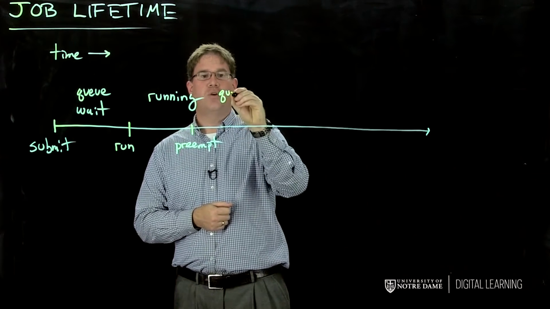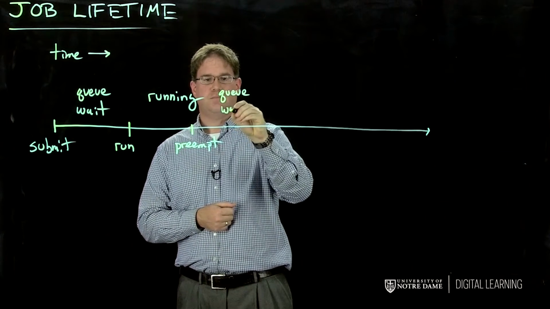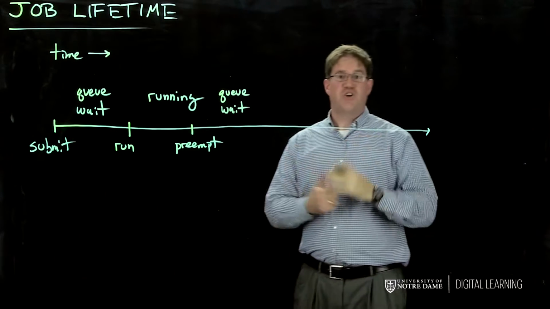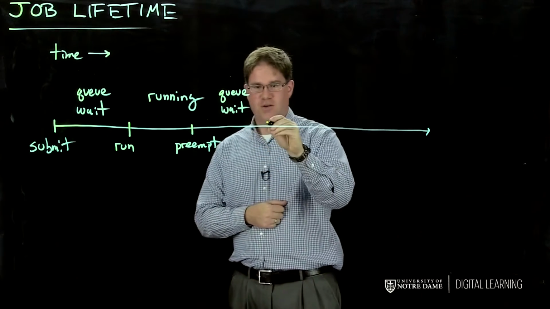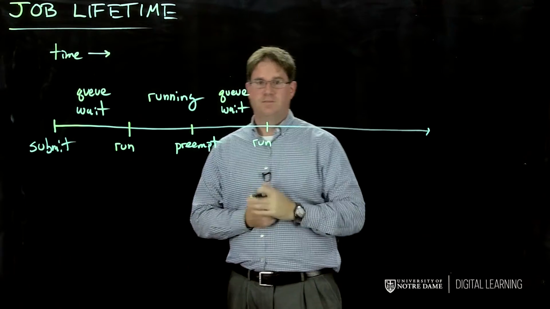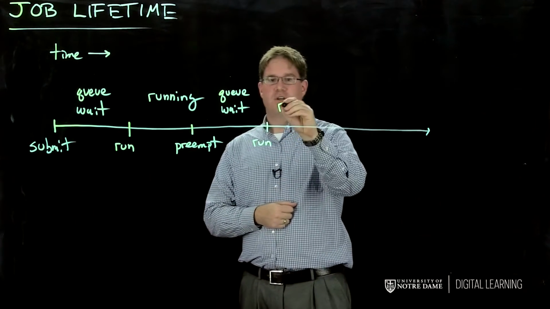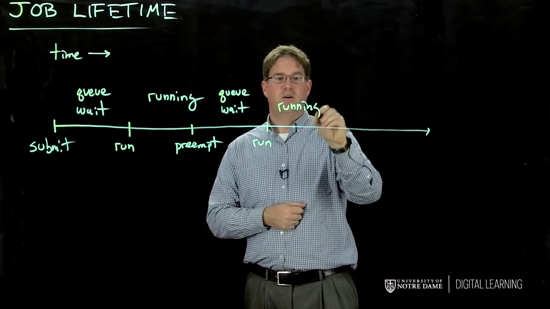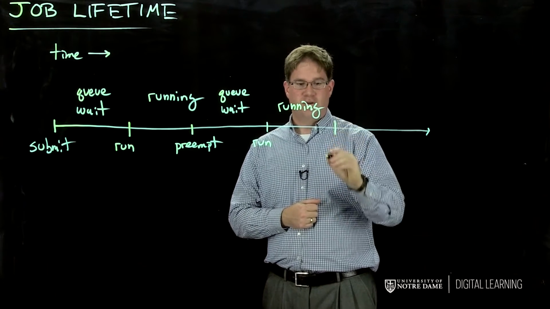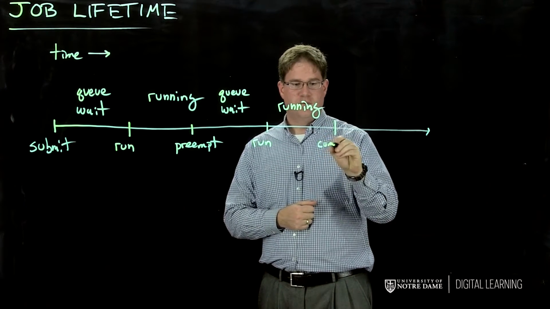So this is more queue waiting time. But eventually that job will have its turn to run, so it gets assigned to another machine. It runs. And let's suppose that the job is lucky this time, so it has a good uninterrupted running time, and eventually it completes.